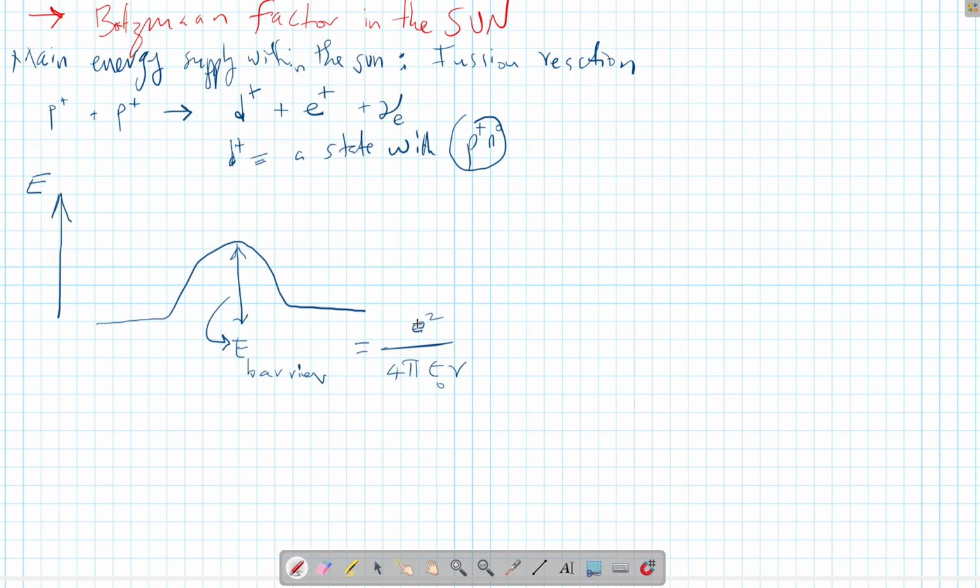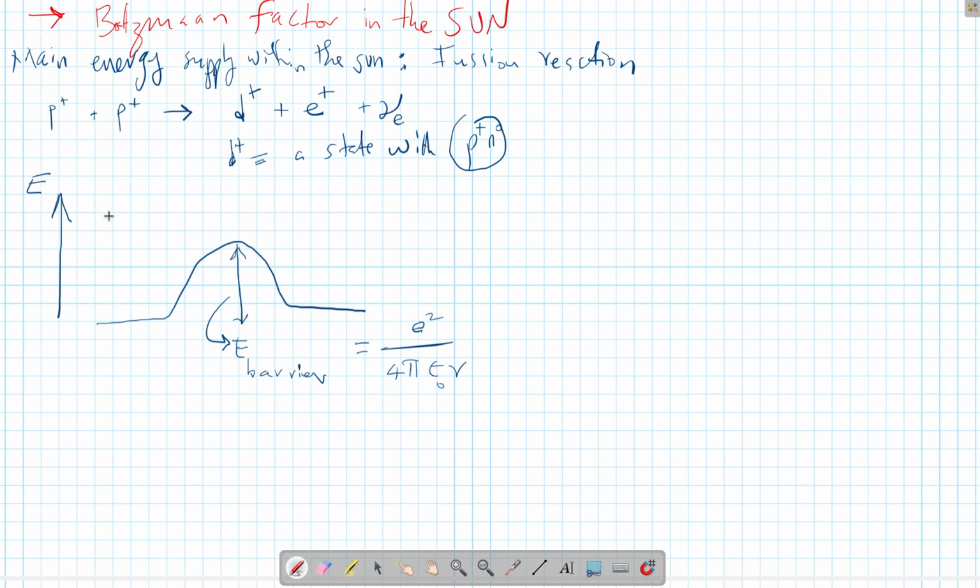Small e is a unit of charge: one unit for the first proton, another unit for the second proton. If the charges are Q1 and Q2, we have Q1 times Q2 giving e squared divided by 4 pi epsilon naught r, where r is the separation between the protons as we bring them closer and closer to each other.